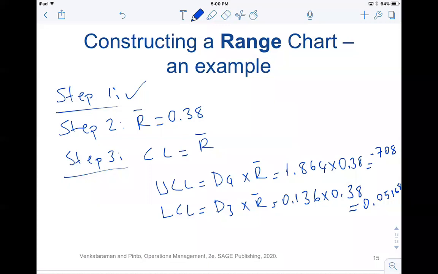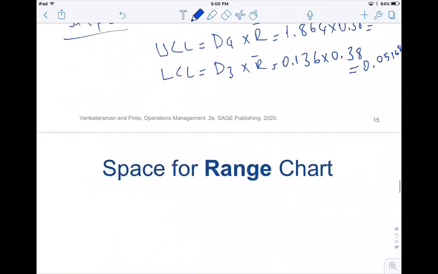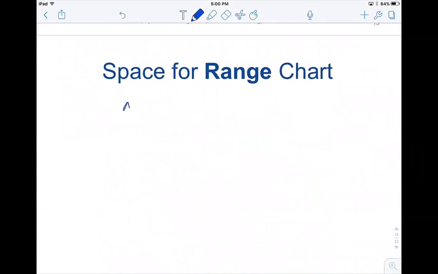I got them all. So I do need CL, UCL, and LCL to construct my R chart, and I have them already. Let's do it. So this is my range or R chart.